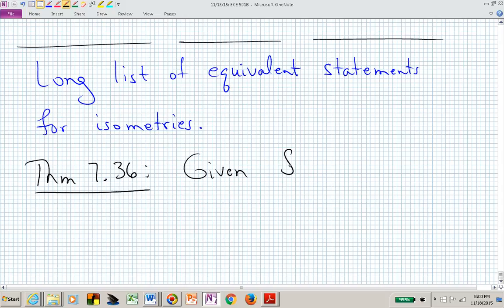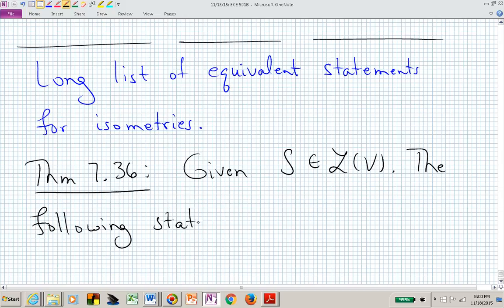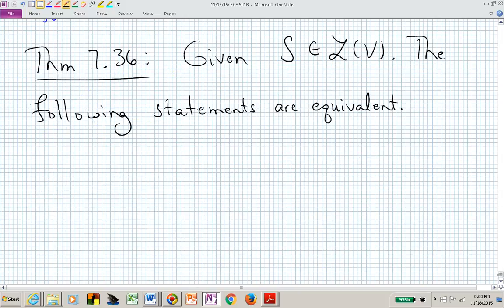Let's say we're now given this linear operator S on a vector space V. Then that allows us to conclude that the following statements are equivalent. Just like we had a lot of equivalent statements for a positive matrix, now we have a lot of equivalent statements if we have a matrix that's an isometry.